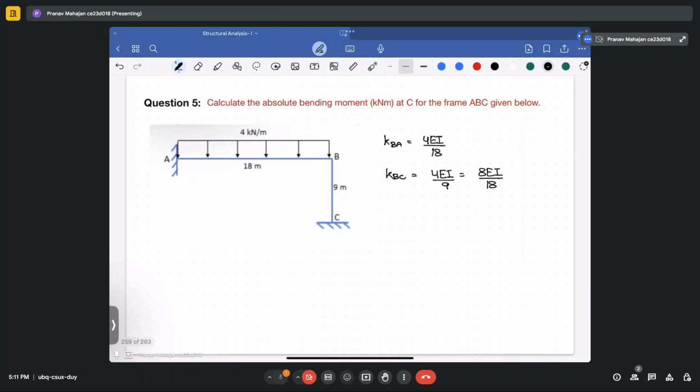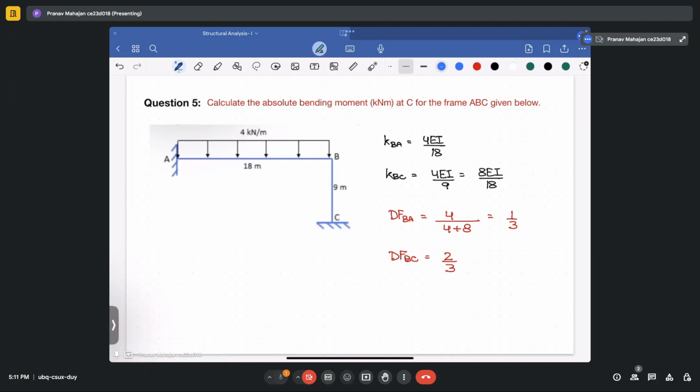So your distribution factors will be, DF for BA will be equal to 4 upon 4 plus 8. So it is 4 upon 12, that is 1 by 3. That means your DBC will be equal to 2 by 3.